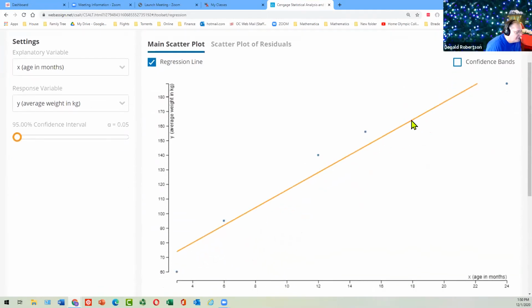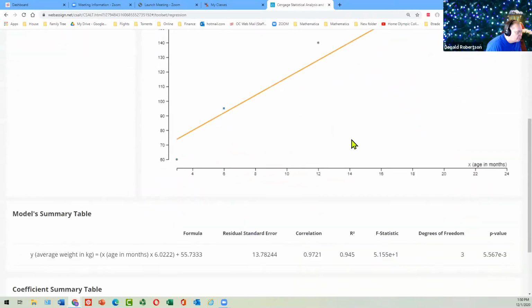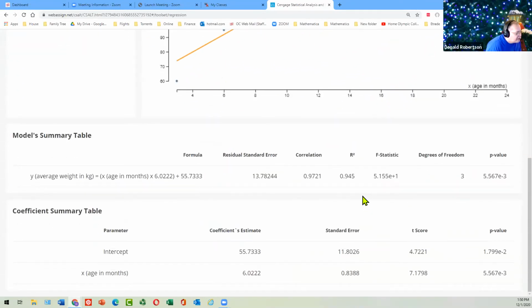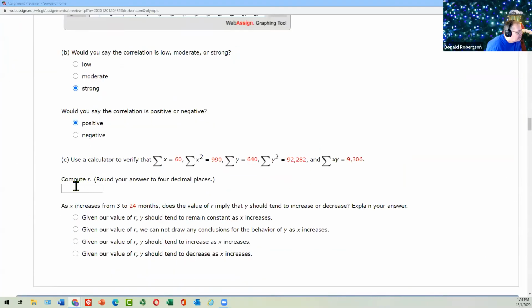And there's basically my data set, slightly different axes, but that's fine. There's my straight line, if you wanted it. And what's called the correlation coefficient is just called correlation here. And it's this one, 0.9721.